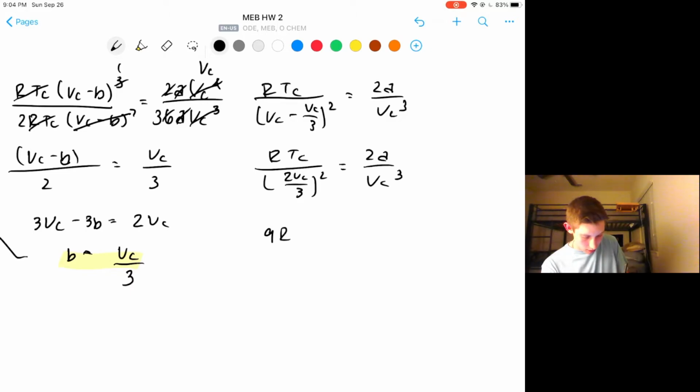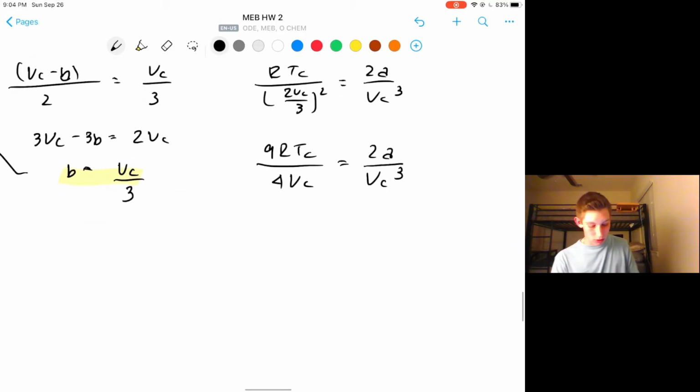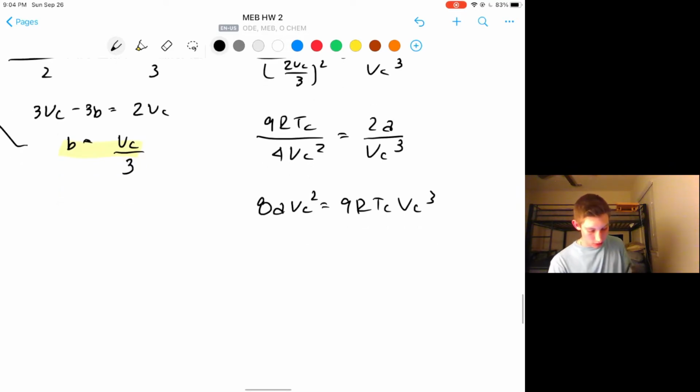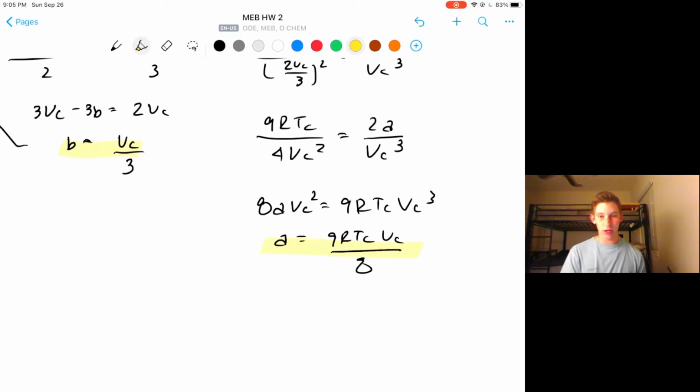So it will be 9R times the critical temperature over 4 VC equals 2A over VC cubed. And then we can cross multiply. This should be squared. And then to get A by itself, we do 9RTC VC over 8. And that's our A parameter.